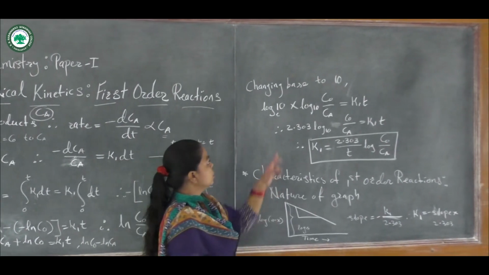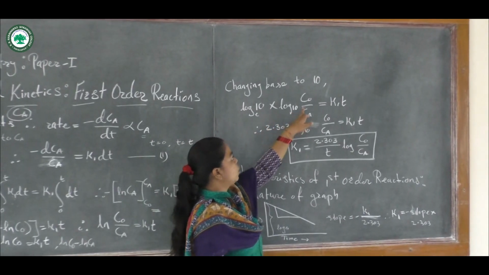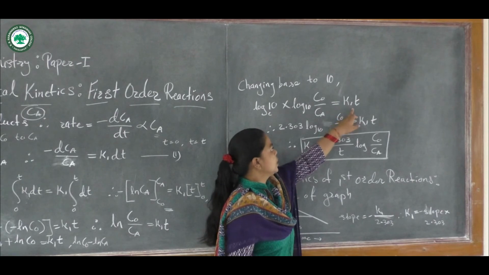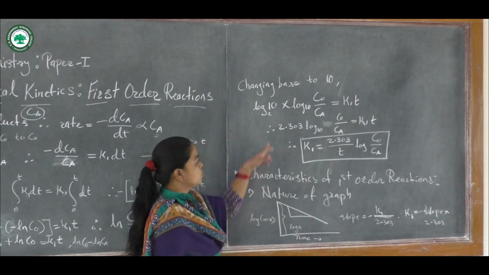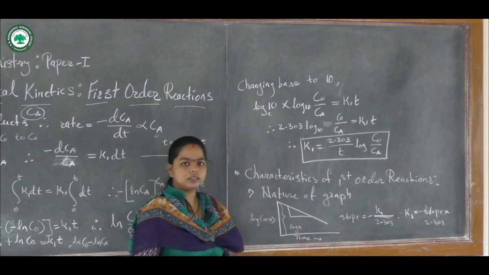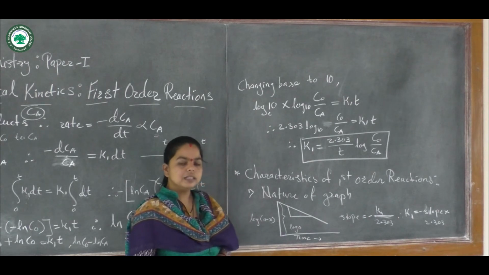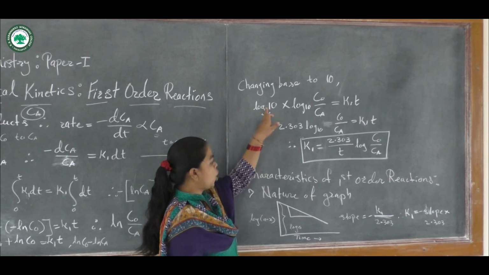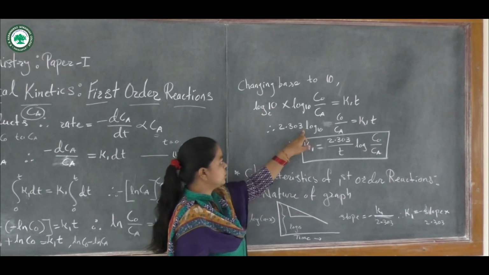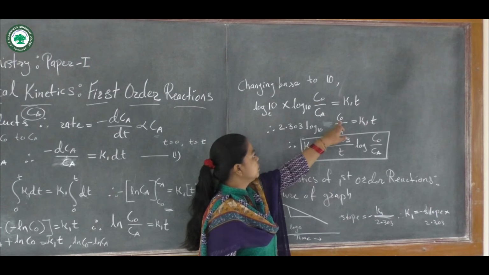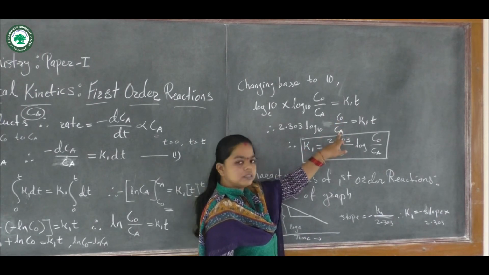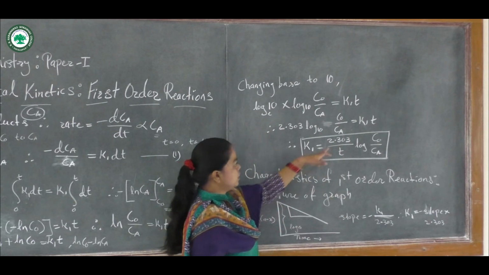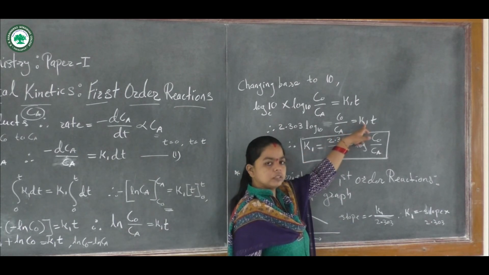We are getting 2.303 into log10 of C0 divided by Ca equals k1t. So we can rearrange this equation now.